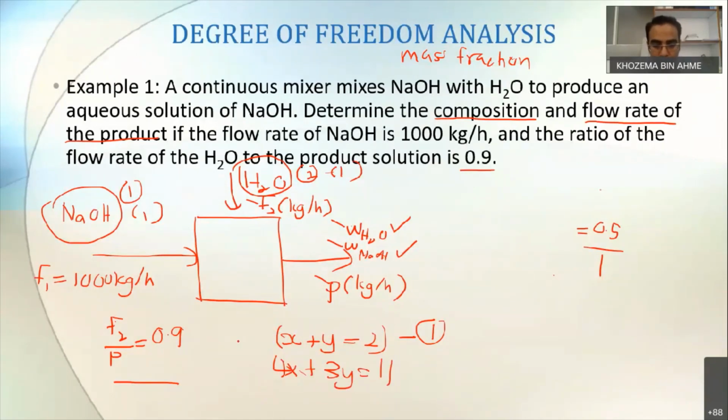This is another equation, and I know that this equation is not a dependent equation. It is independent of equation number 1. So I can actually use equation 1 and equation 2 to find the value of x and y.